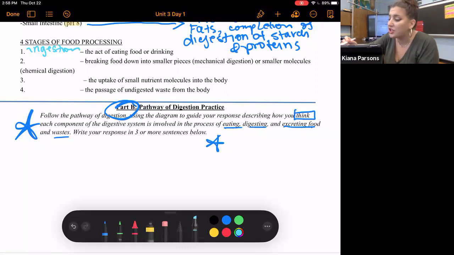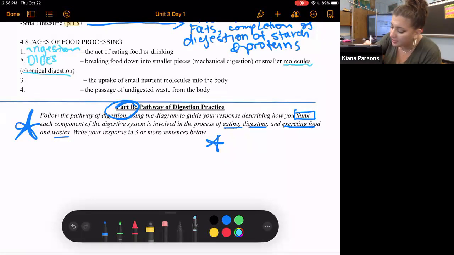Chemical digestion causes a chemical change. Chemical digestion involves the breakdown at a chemical level. And that we're talking about is digestion here.